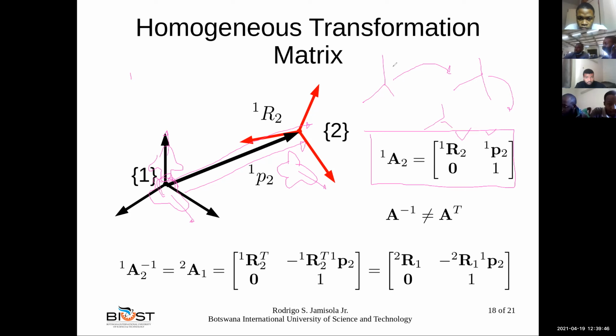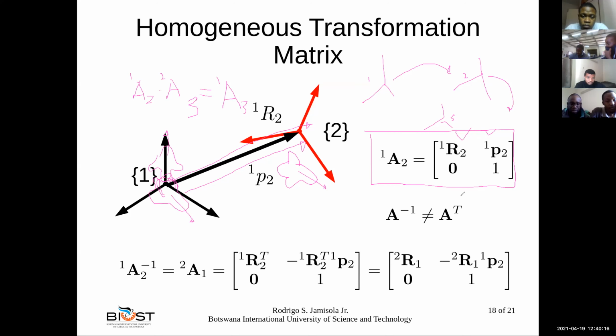So if you have frame 1 into frame 2 into frame 3, for example, if you have the transformation of frame 1 with respect to frame 2, then frame 2 with respect to frame 3, then you can get the total transformation of frame 1 with respect to frame 3. The same thing as how we post multiplied the rotation matrices.